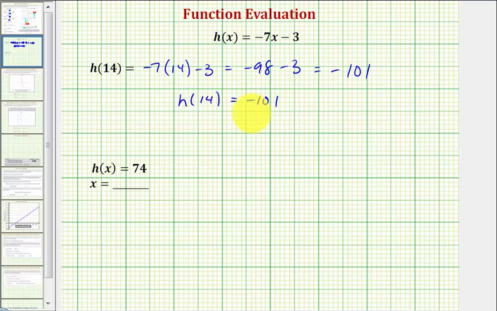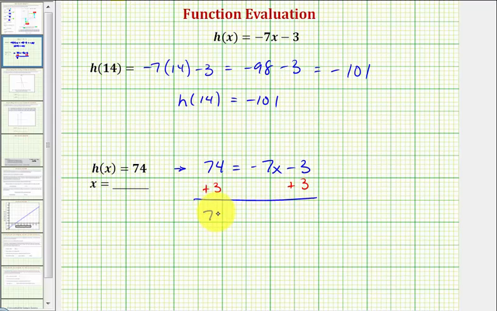And the second part of this question asks us to find the x value, or input, when h of x, the output, equals 74. Which means now we'll substitute 74 for h of x and solve for x. So we want to solve the equation 74 equals negative 7x minus 3. We have a basic two-step equation here, so we'll add 3 to both sides.